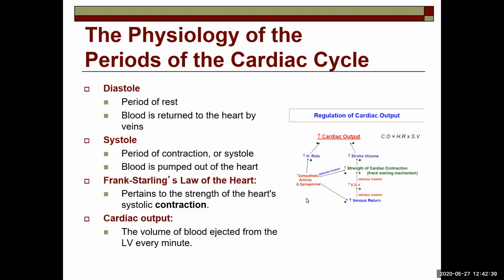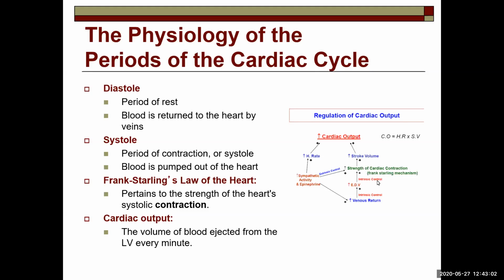So we know that we have the sympathetic activity taking place in the heart to create what we call the electrical activity there when we talk about the SA node, AV node, bundle of His, and Purkinje fibers and all that. And it stimulates the heart to contract using the Frank-Starling mechanism here.